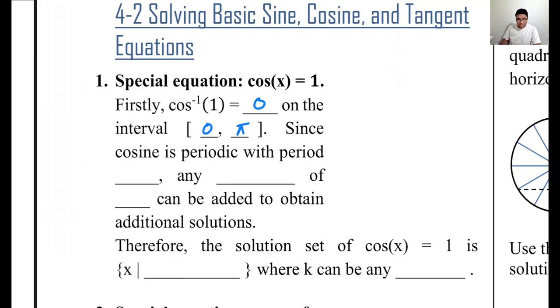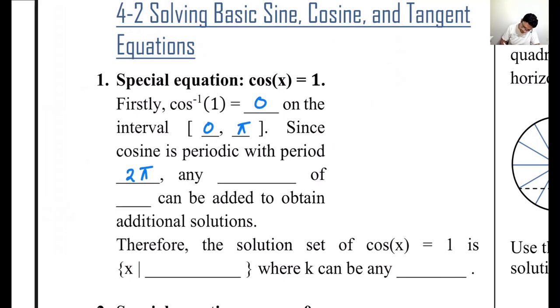But we know the function cosine itself is periodic with period 2 pi. From 0 to pi, it goes to -1, then it starts back up, right? And it comes back to 1 again at 2 pi. So from 0, it will repeat again at 2 pi.